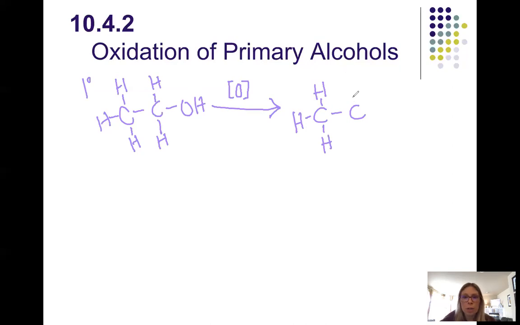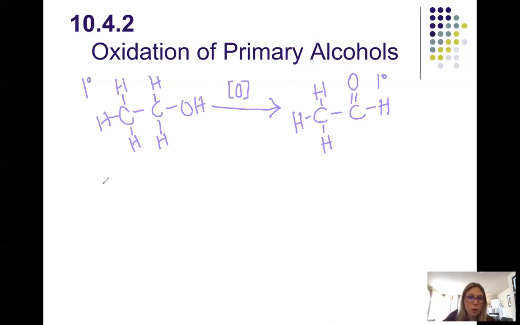So what's going to happen over here now, and we do not need to get into the mechanism of this, is this is going to give us a carbon that's double bonded to an oxygen. And because this was primary before, it is going to end as a primary molecule. So this, again, is our functional group. That means that this carbon should only be bonded to 1 carbon. So this is actually going to be the end of our molecule here. And this is also primary.